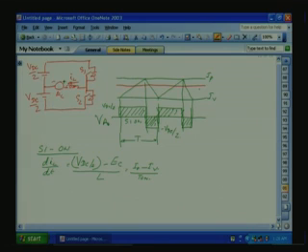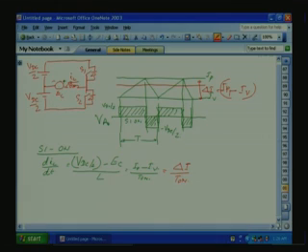That is delta I. So delta I is equal to IP minus IV. So this is equal to delta I by T on.